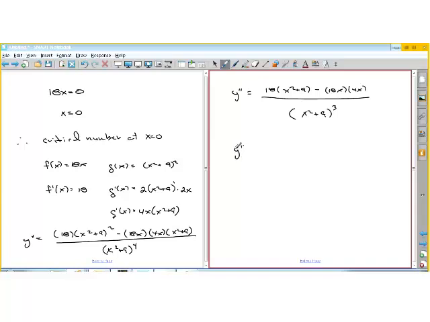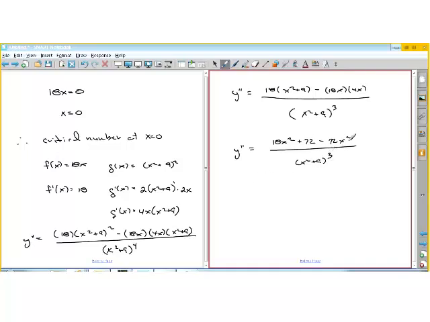So we're going to multiply all this stuff out. So we'll get 18x squared plus 72 minus 72x squared, all divided by x squared plus 9 cubed.